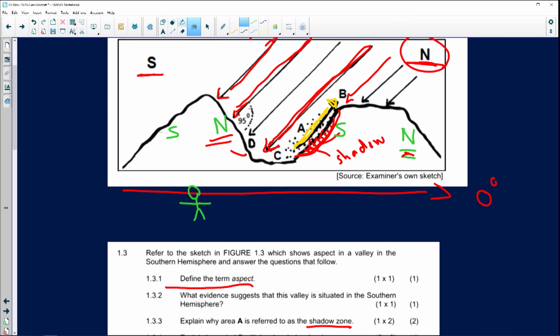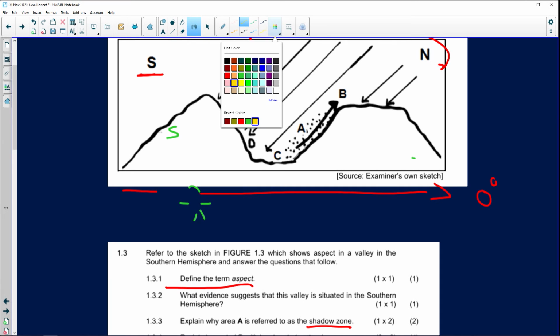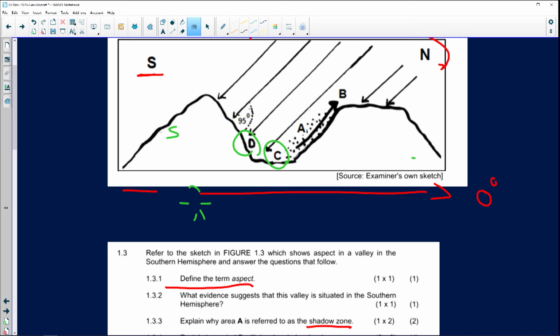Okay, now, the question asks, how is it going to affect? Let me just clear this diagram over here. Okay, first of all, it is asking how it is going to affect the area of C and D. Now, if you look at C, it's down with the frost pocket, especially during winter. So a farmer should be very careful what he's going to plant over there. You need to plant frost-resistant crops.